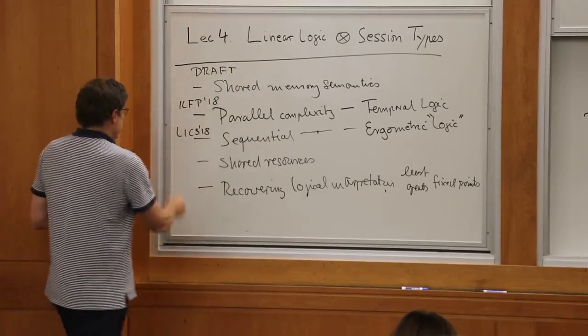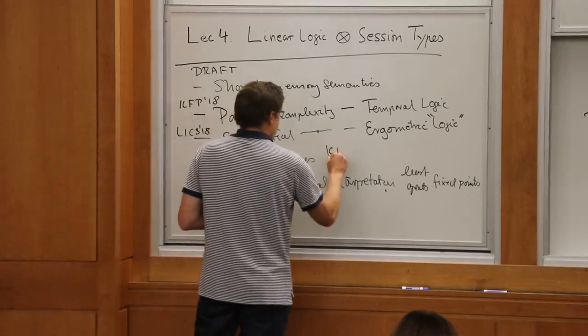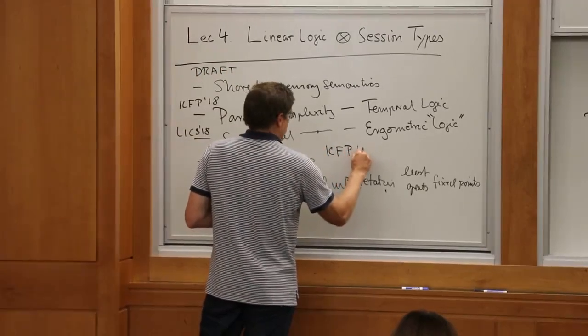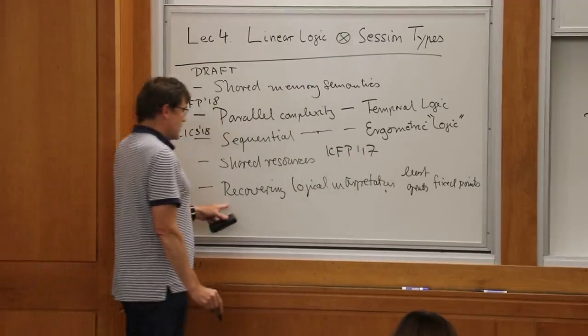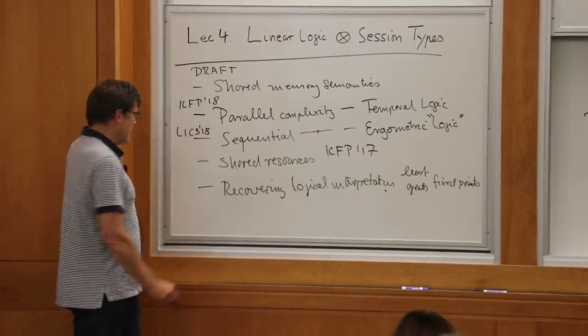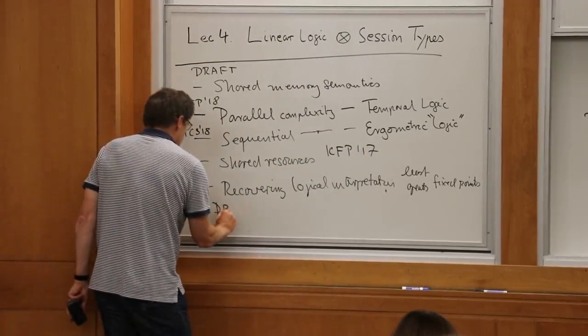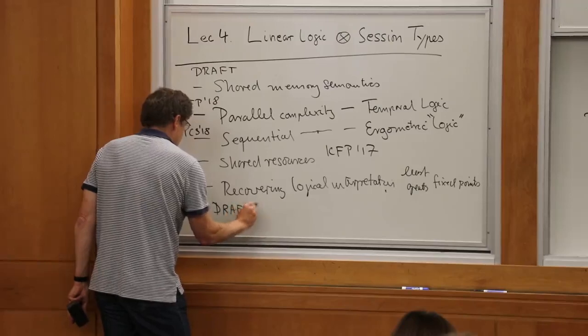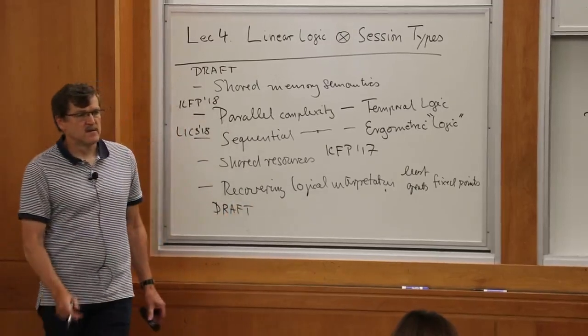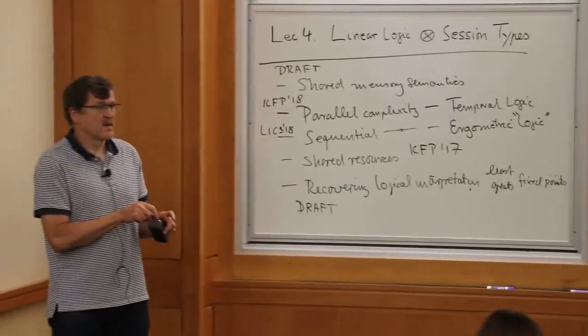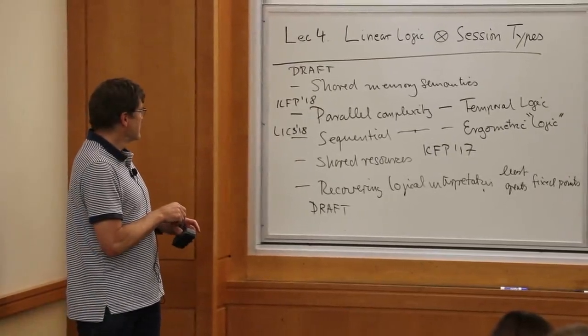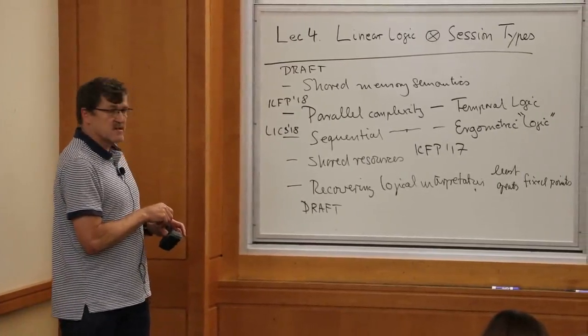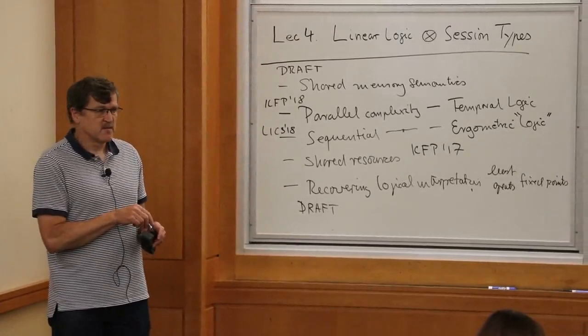The shared resources was ICFP 2017. And the recovering the logical interpretation is in draft form. Okay, that's where we are. Like I said, all these papers are available on my webpage if you want to read any further.